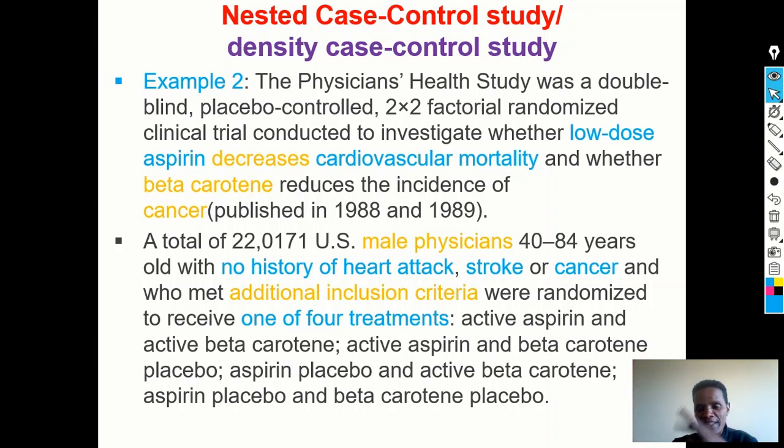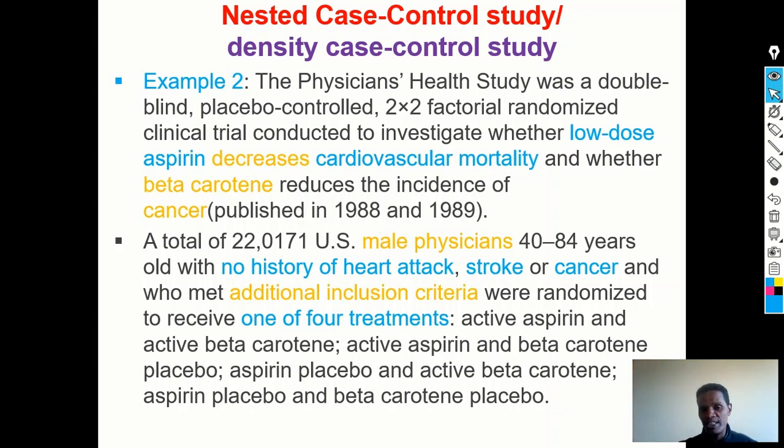I will not take time to say anything about these types of designs at this point because they have their own place and their own time. As I have said, this study was a double-blind, placebo-controlled, 2x2 factorial randomized clinical trial conducted to investigate whether low-dose aspirin decreases cardiovascular mortality and whether beta-carotene reduces the incidence of cancer.